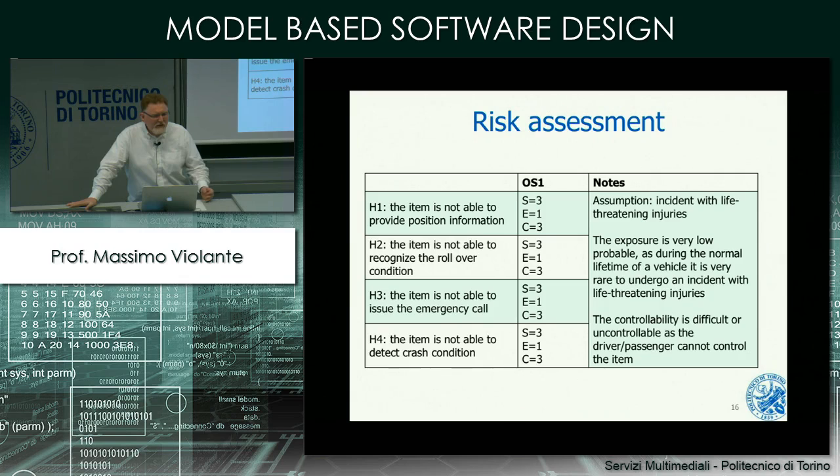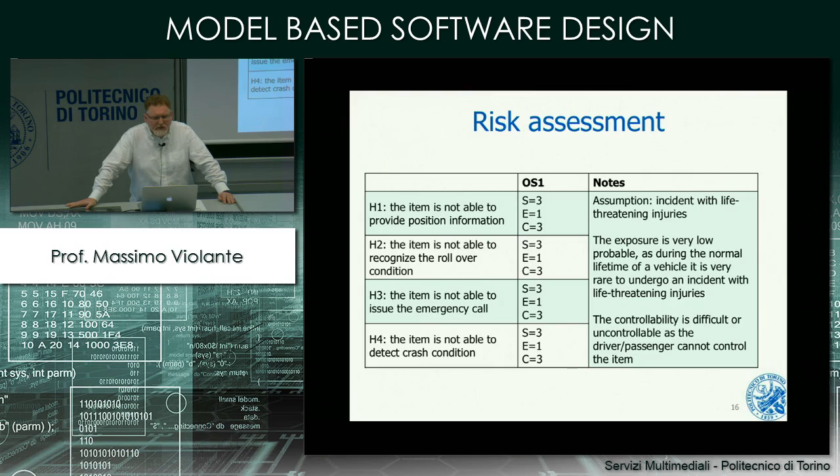So we can define this, for example, through the percentage of operational time. Think about the amount of time for which you use the car, and think about the amount of time you spent being in an incident situation with life-threatening injuries. In 25 years of driving, I never had this case. I think this is probably the same for all of you.